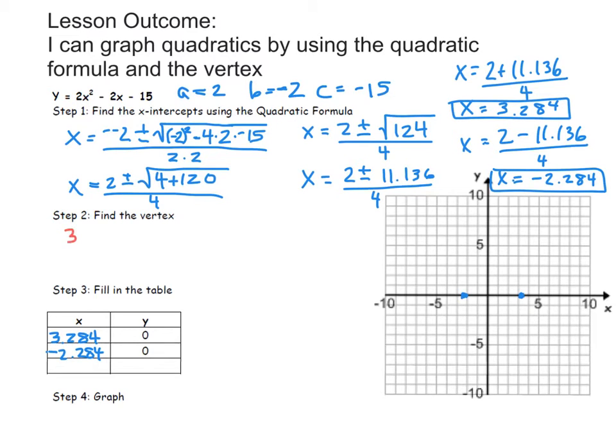We're going to add 3.284 plus our negative 2.284, and that will give us 1 when we subtract that. And then we need to divide that by 2. So now we have to do 1 divided by 2, and 1 divided by 2 is the same as 1/2, or 0.5.